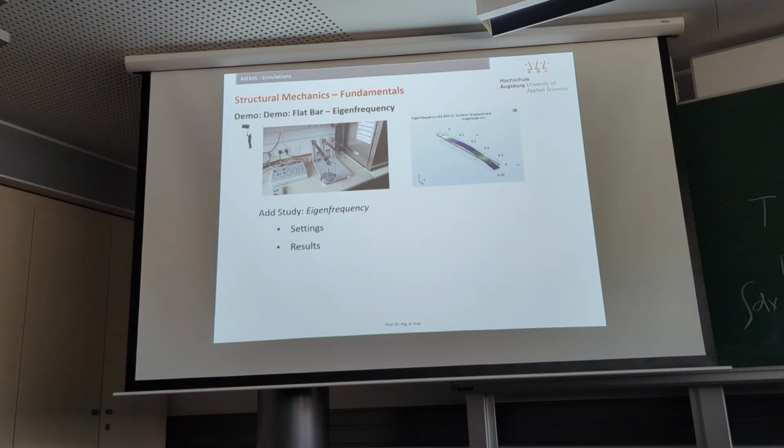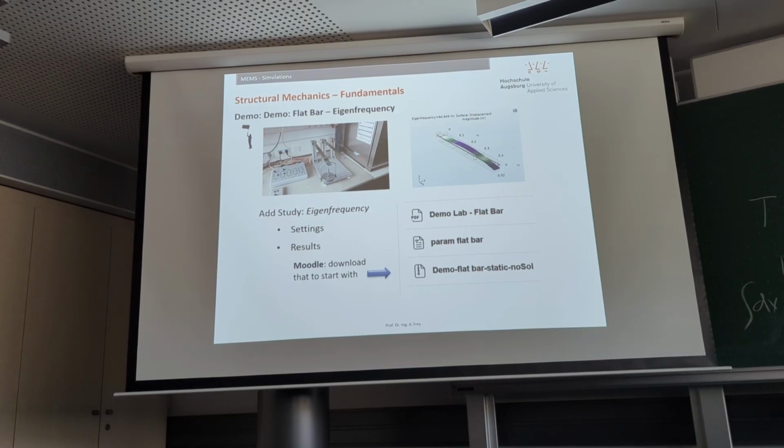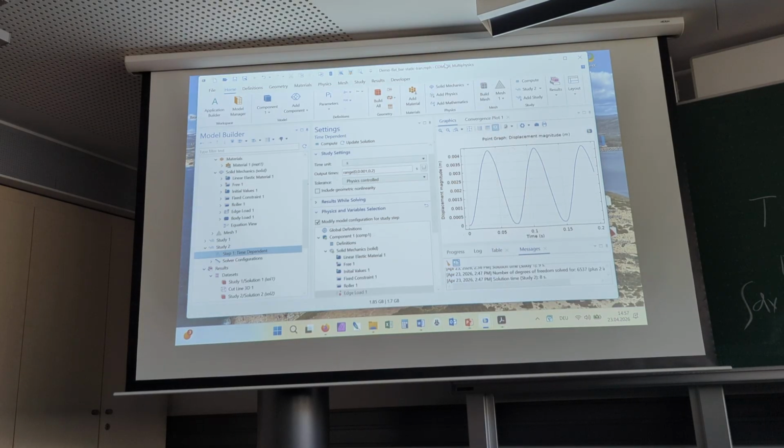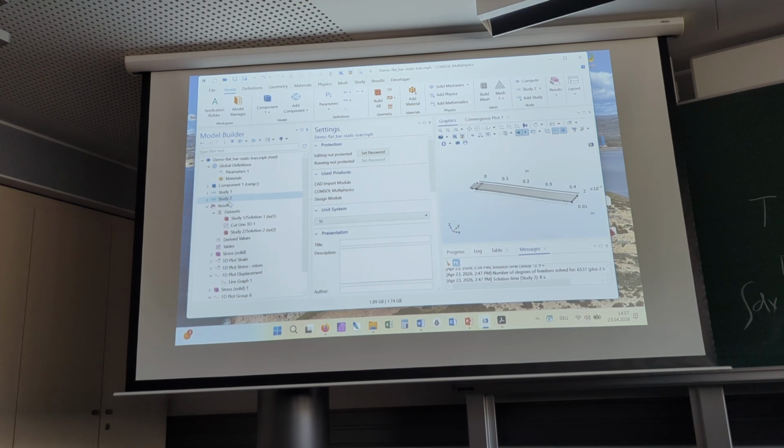I just want to show you again with reference to our flat bar. So again, you may start with the model from Moodle or just continue working on the model you just set up. I think I will just continue working on that one. So what we have to do, first of all, is add a third study here, the eigenfrequency study.